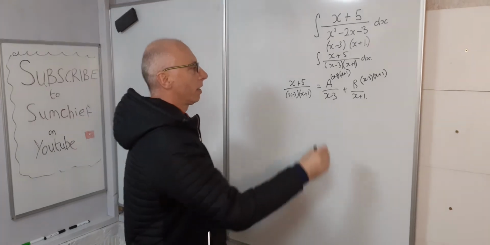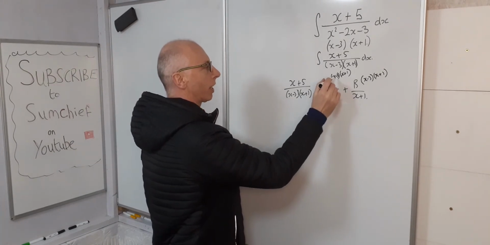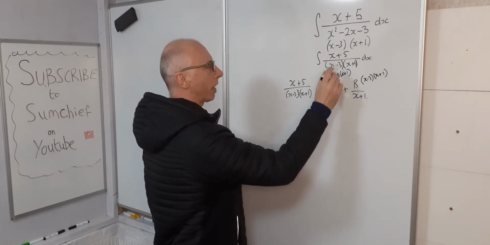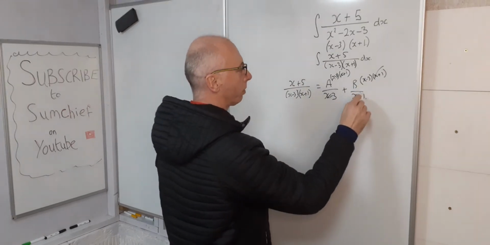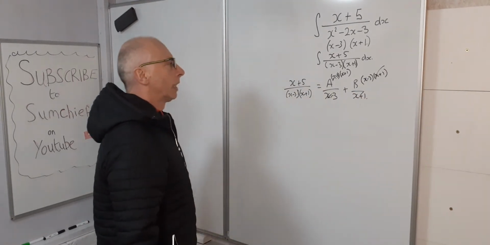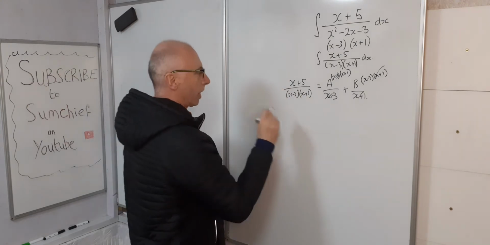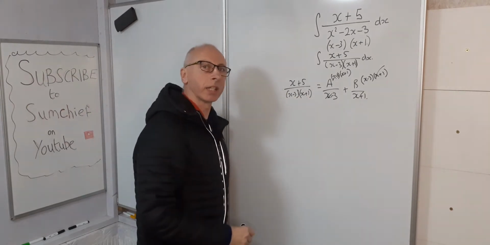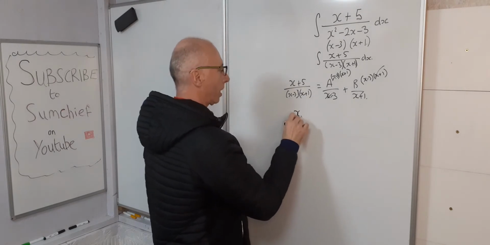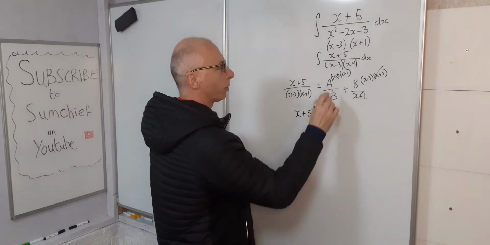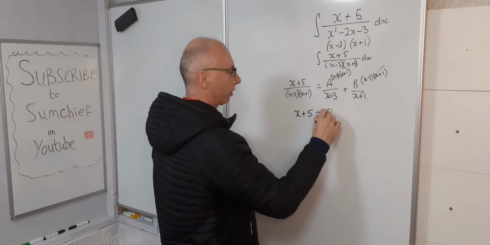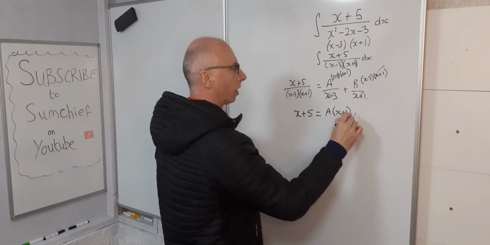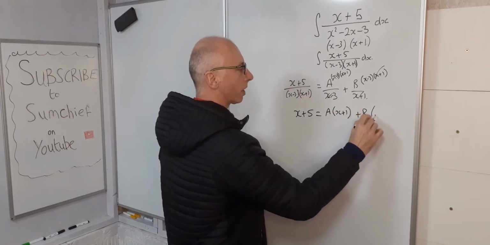The x minus 3 there in the numerator and denominator, we can cross out, and here we've got the x plus 1, which we can cross out. So we've taken care of the denominator, now we can take care of the numerator. So we've got x plus 5 equals A times x plus 1 plus B times x minus 3.